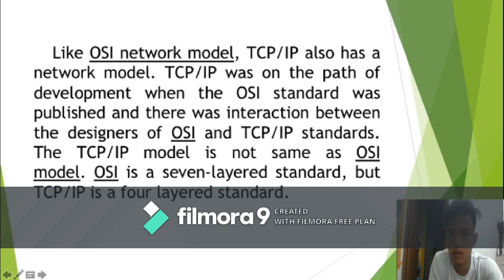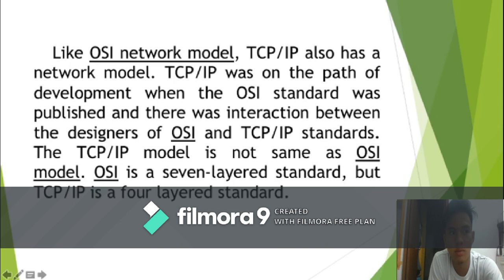The main protocols include IP, the Internet Protocol, ICMP, the Internet Control Message Protocol, ARP, the Address Resolution Protocol, RARP, the Reverse Address Resolution Protocol, and IGMP, the Internet Group Management Protocol.